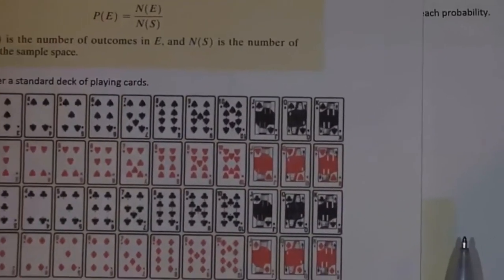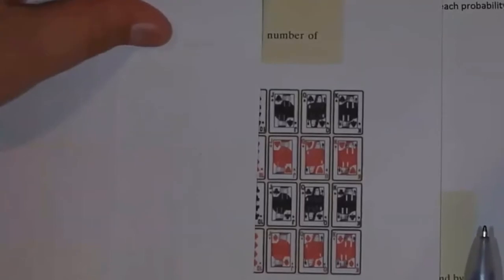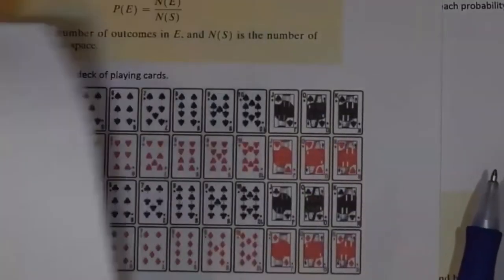Third question, what's the probability of heart given that it's a face card? Same kind of deal. If I know that it's a face card, I'm only looking at these 12 face cards. And of the 12 face cards, 3 of them are hearts.